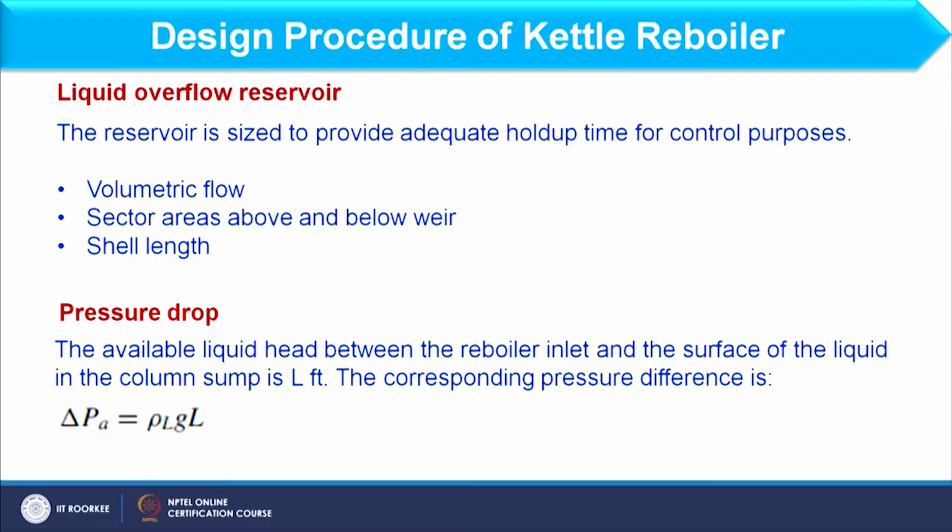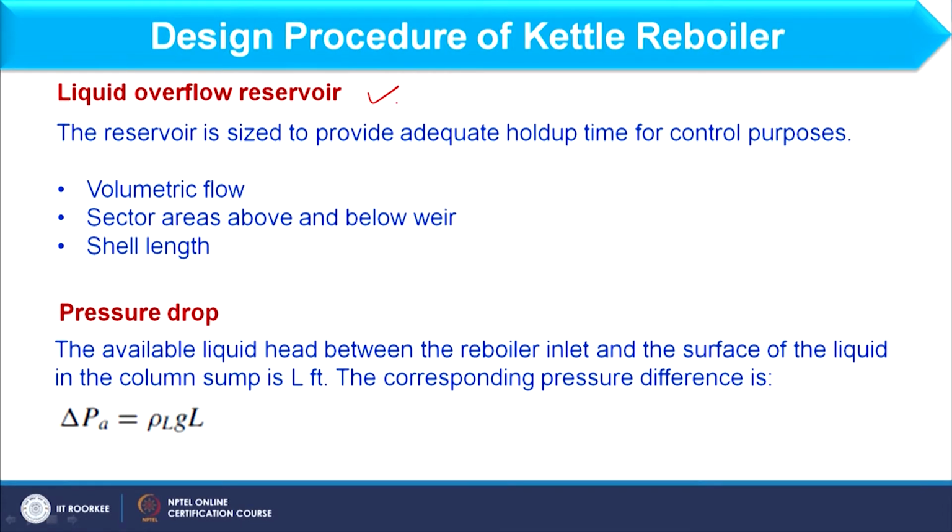Now we will focus on the pressure drop part of the reboiler, to ensure that liquid comes automatically from the distillation column bottom to the reboiler. Further design procedure of the kettle reboiler says that we have to design the liquid overflow reservoir.